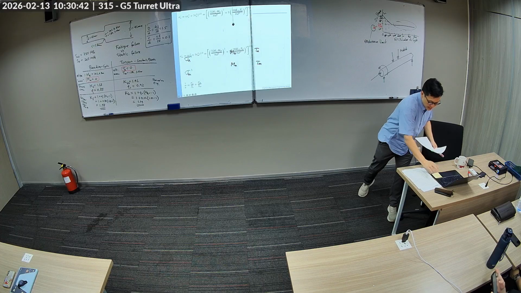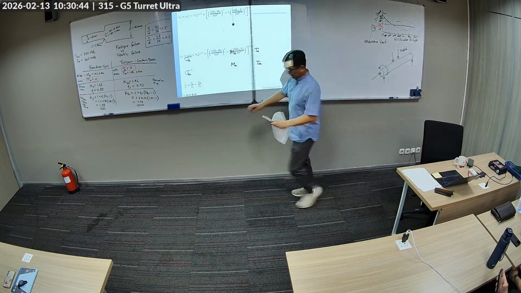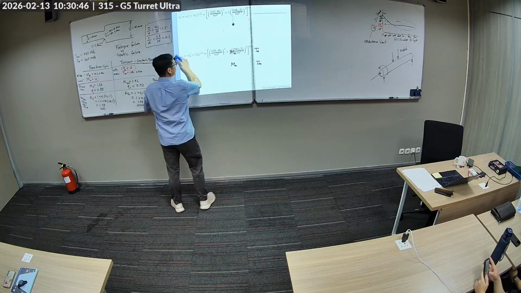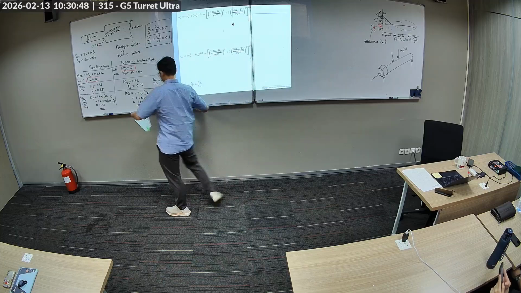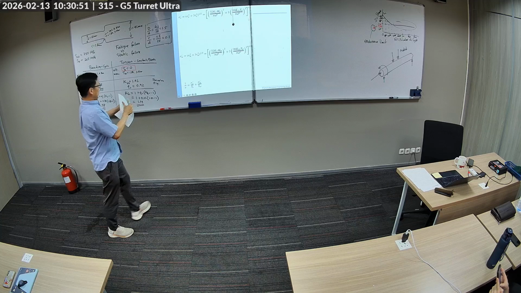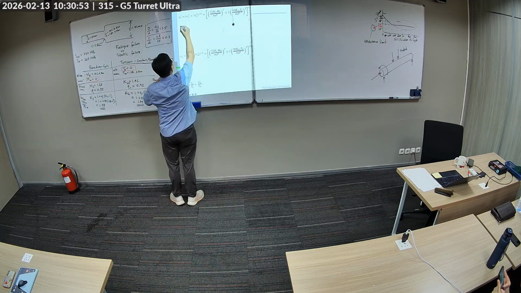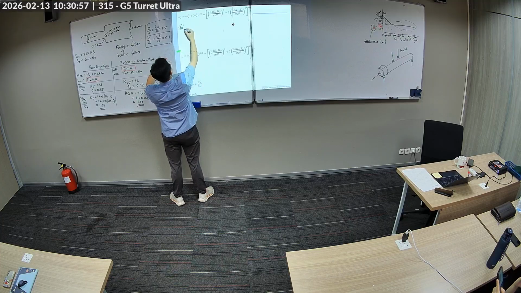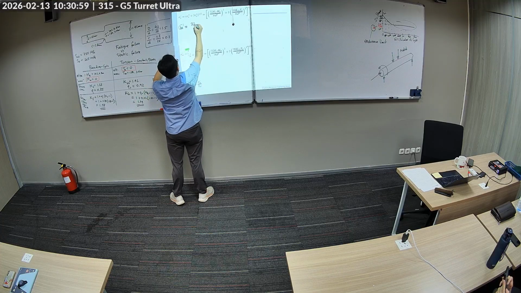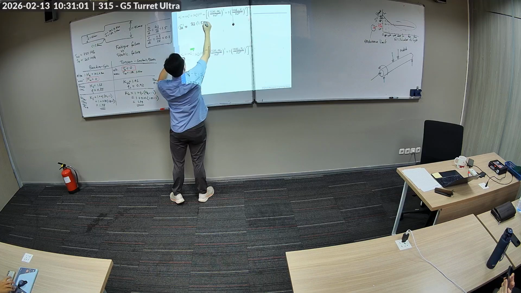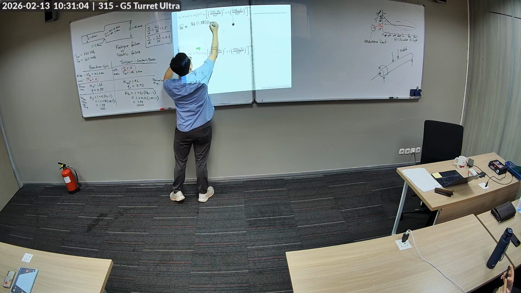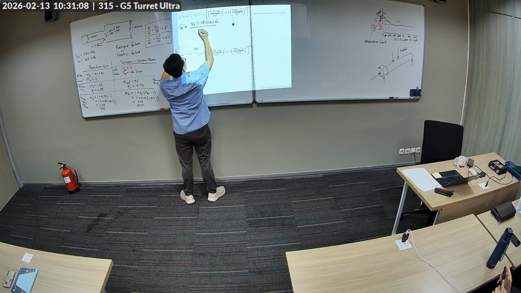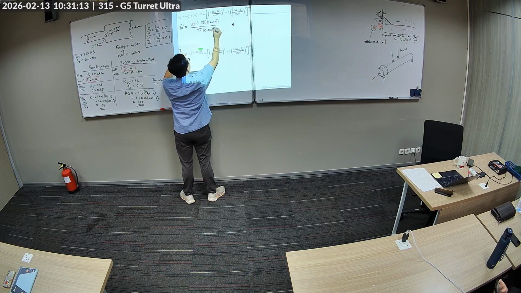Now let's do this formula then. Sigma a prime is 32 times 1.58, and this is the small d, and I'm doing this all in meters.